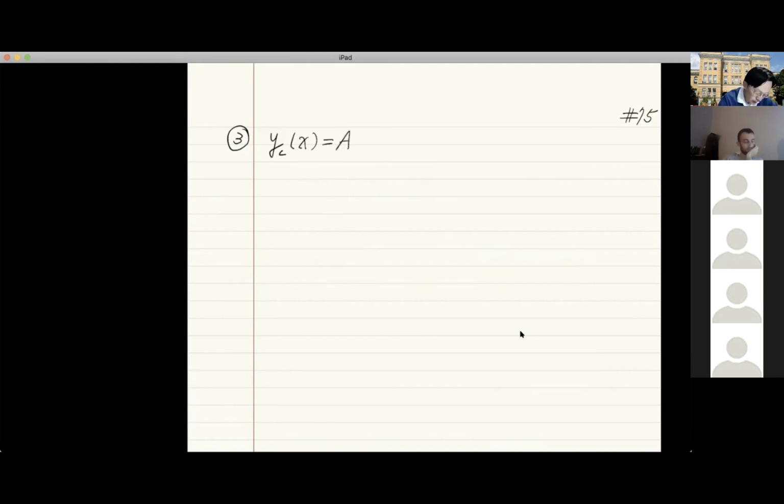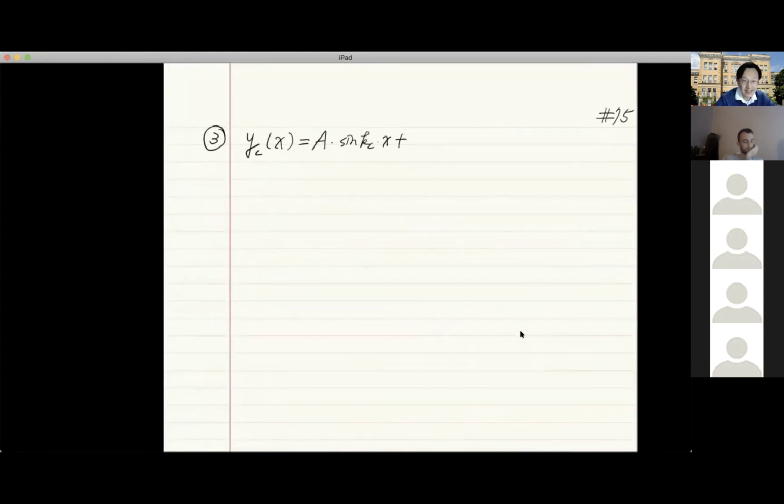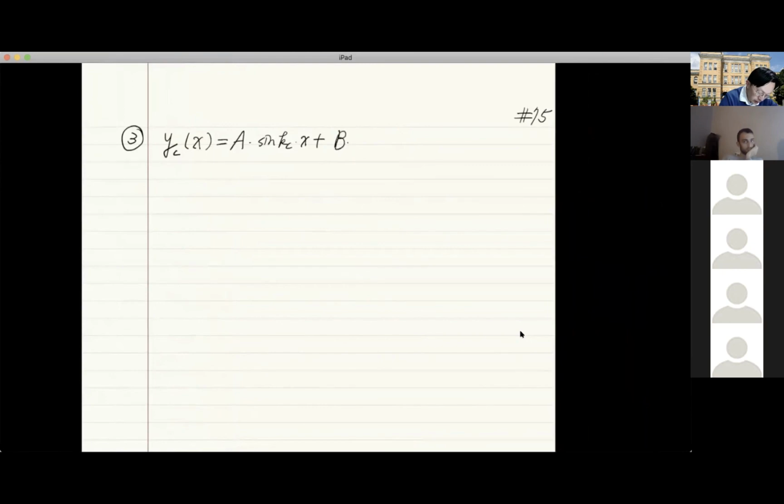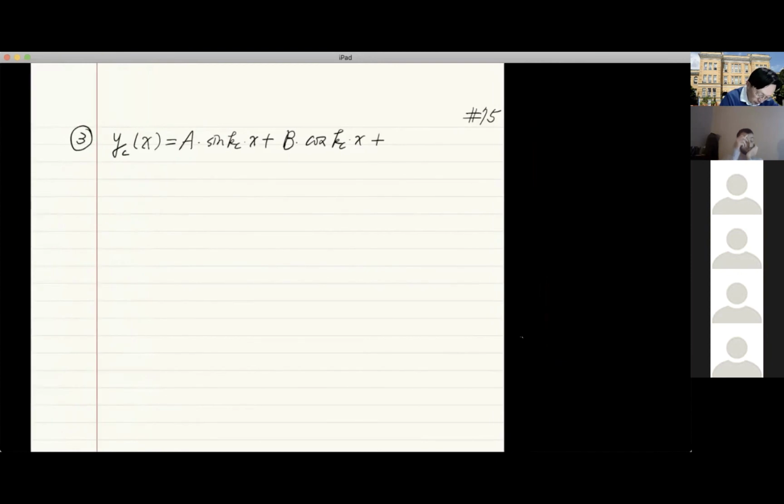The first one is A times sine KC times X plus B times cosine KC times X. Of course, I already skipped the parentheses here because that's what we have been doing from the very beginning. Plus the particular solution, which is the right-hand side divided by K squared. And that will give you MB over just P times LC, the whole thing times X.